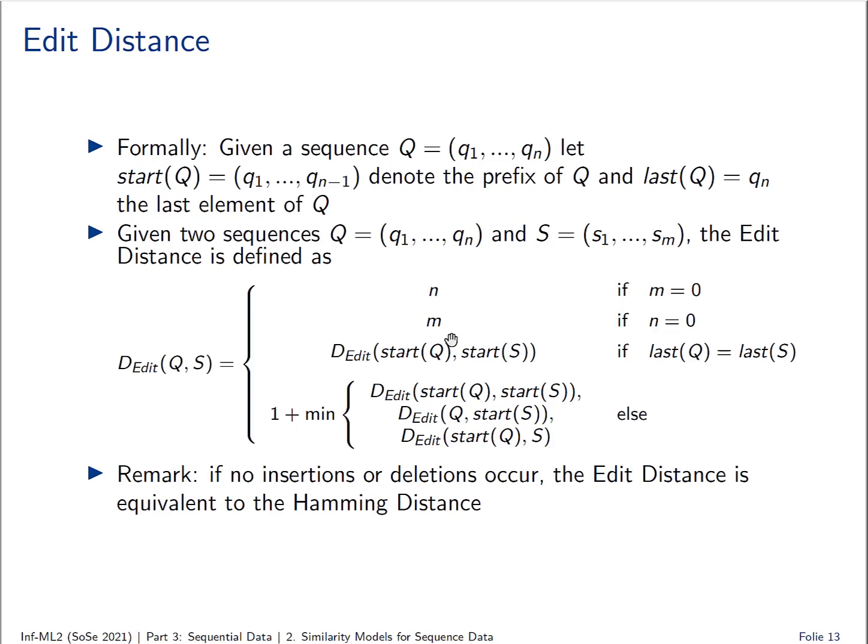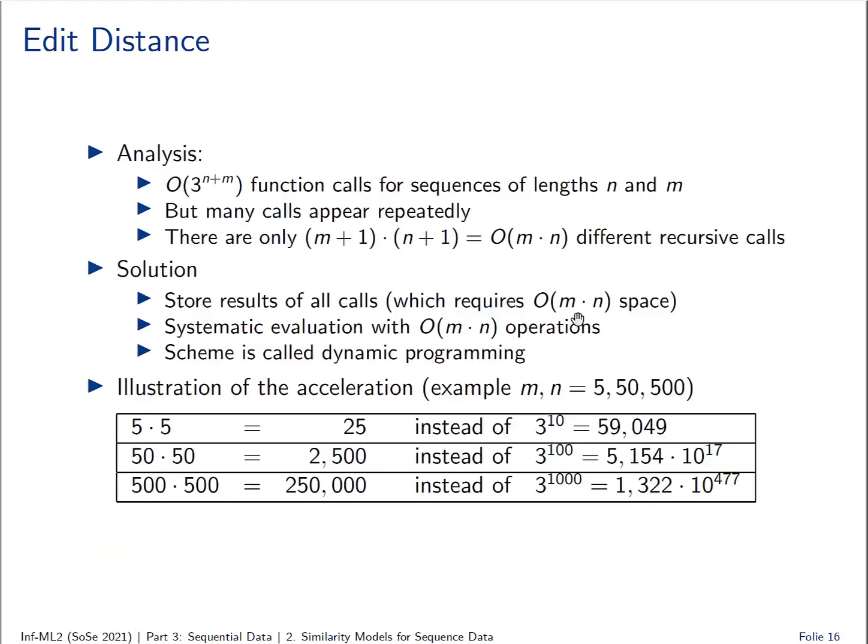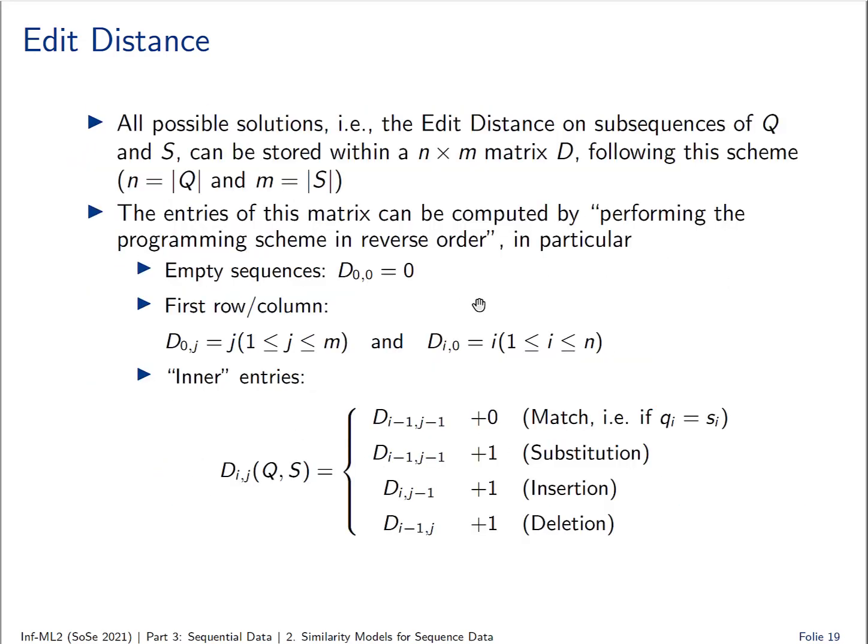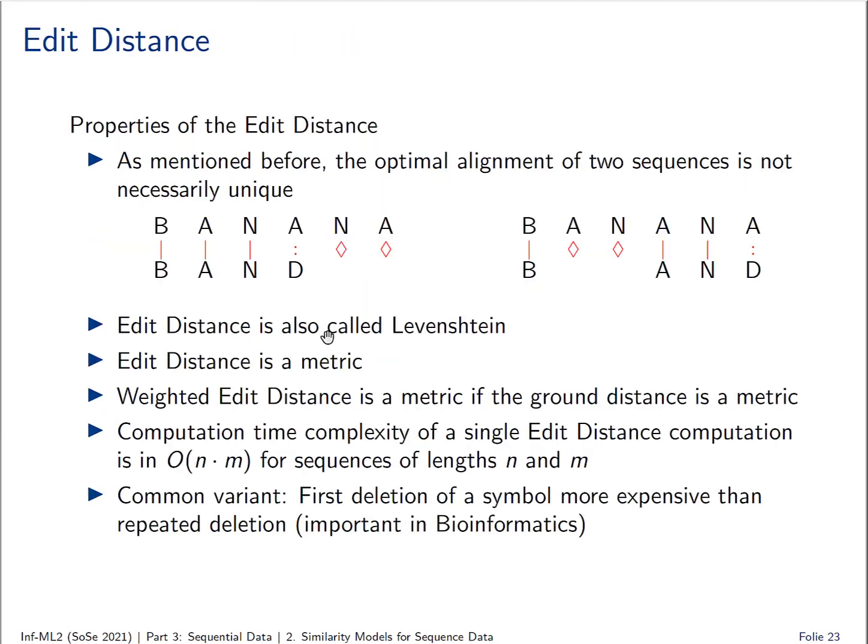Well, this is a recursive formula, so you can, of course, implement that as a recursive program. But the real deal was, of course, this dynamic programming scheme where these recursive calls are materialized actually. But anyway, don't get confused. Levenshtein distance is also the same as the edit distance.